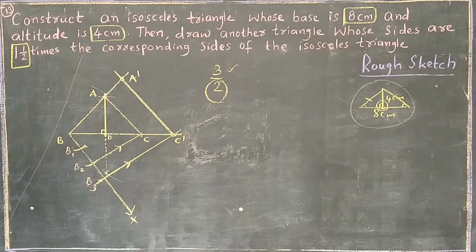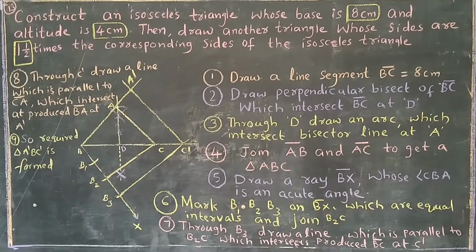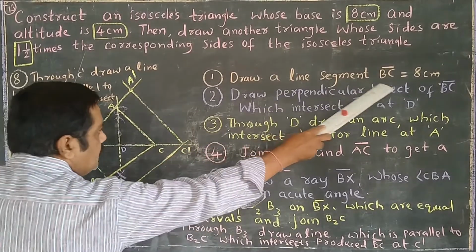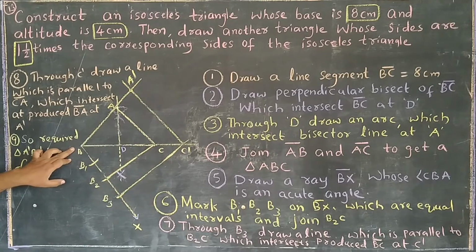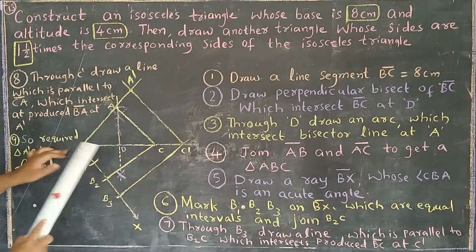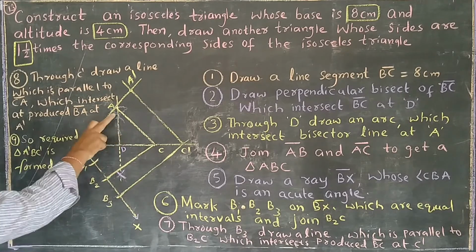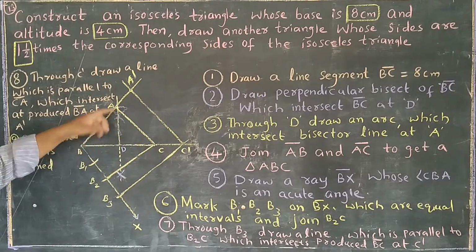This is the method to do the 13th question. Now see the steps. First, draw a line segment BC equal to 8 centimeters. Next, draw the perpendicular bisector of BC: with more than half, take two arcs.